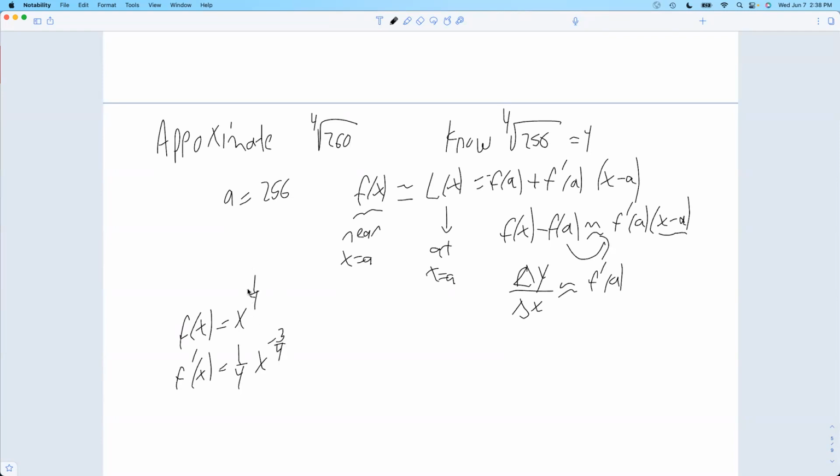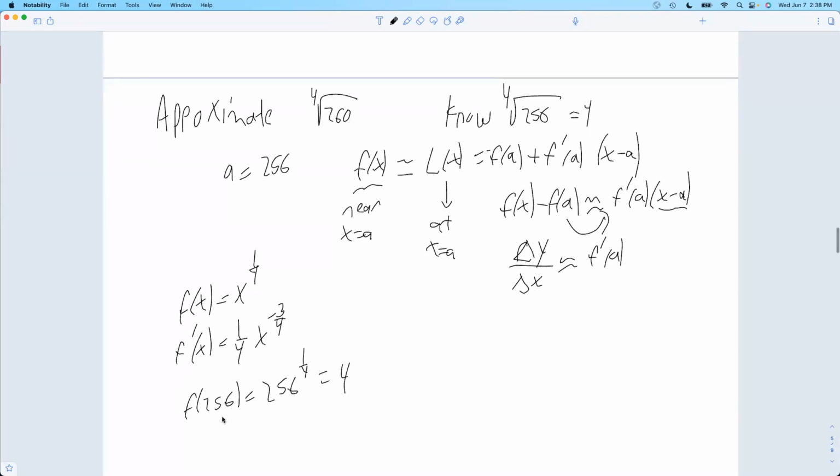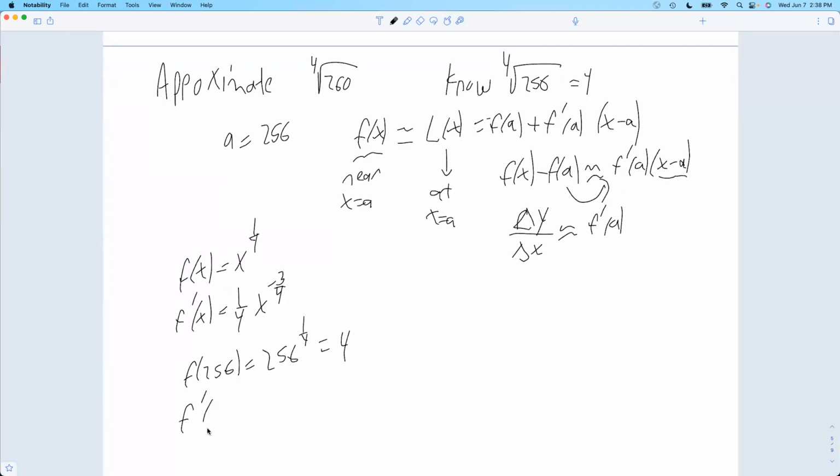Definitely make sure you understand how I got that. Then f of 256 would be 256 to the 1/4 power, or the fourth root of 256. That's 4. f prime at 256 would be 1/4.